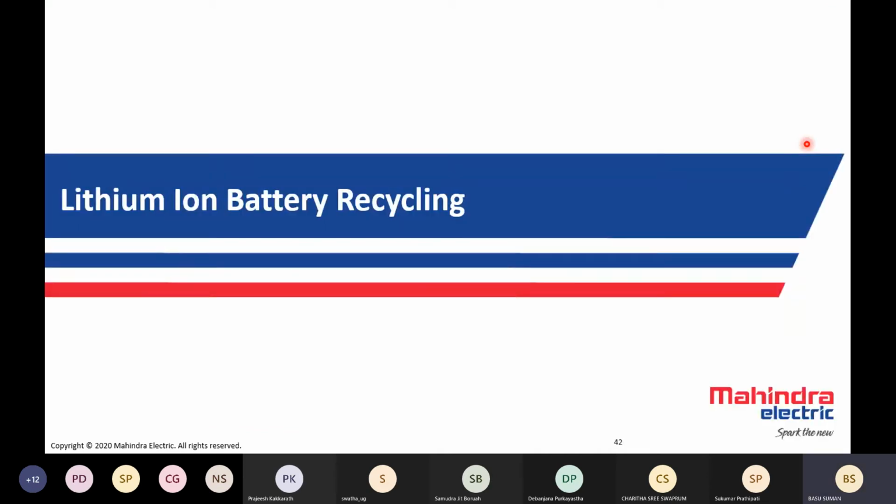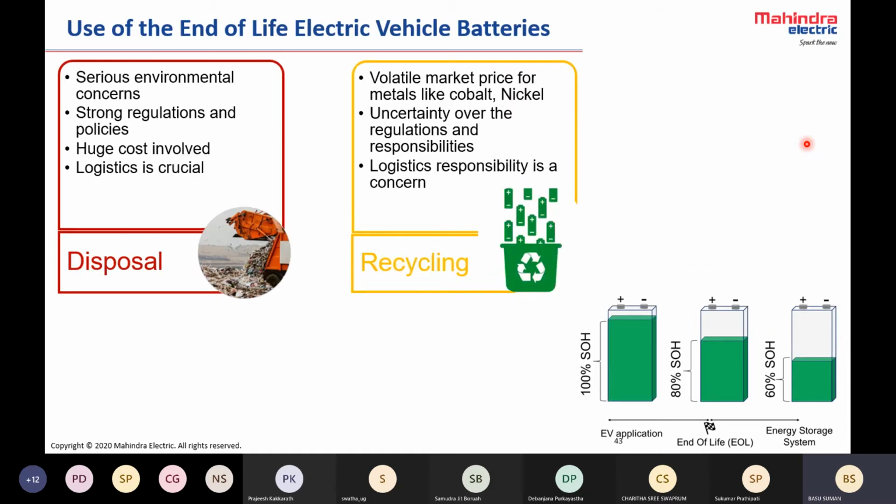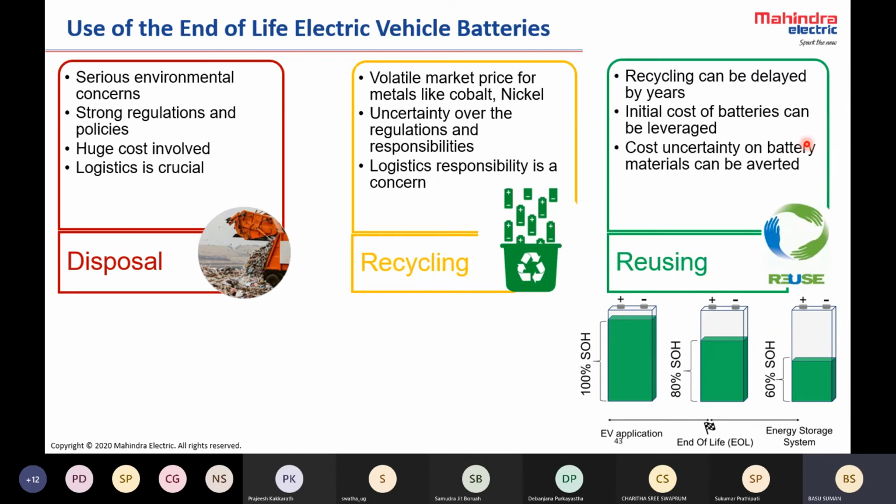Now I will come to the last part, lithium-ion battery recycling. Why is this important? This is important because lithium-ion batteries are costly. It is the costliest part of the whole electric vehicle. And also lithium can be quite toxic. So just like that, lithium-ion battery cannot be thrown away.